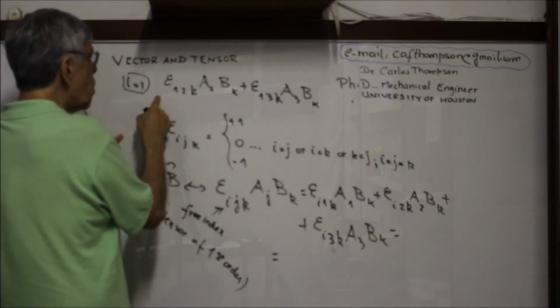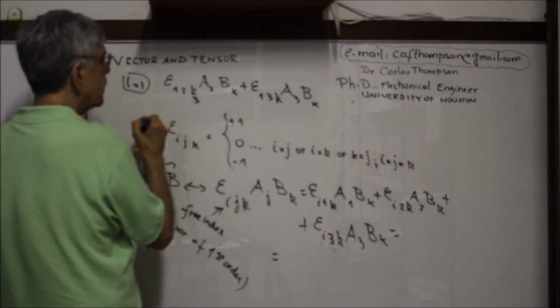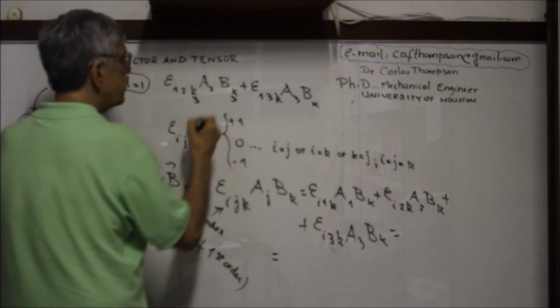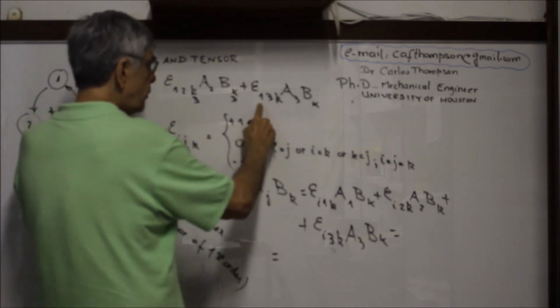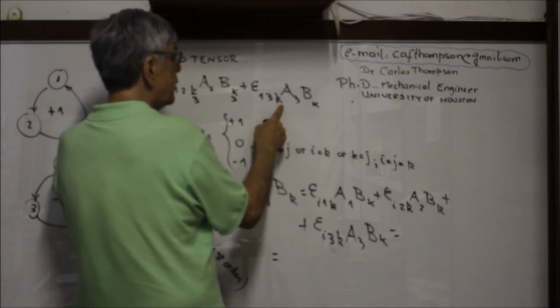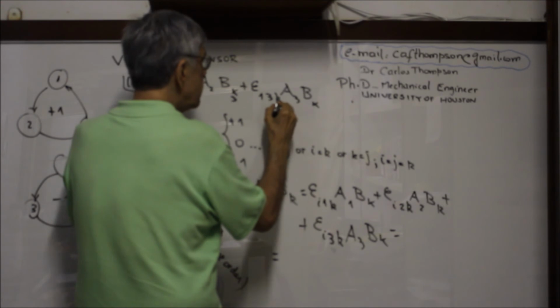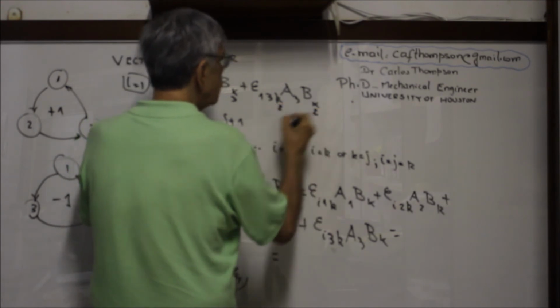So for i equal 1, for sure k is equal 3. Now here, k cannot be 1, cannot be 3. k here has to be 2.